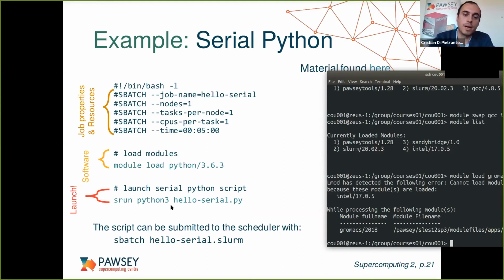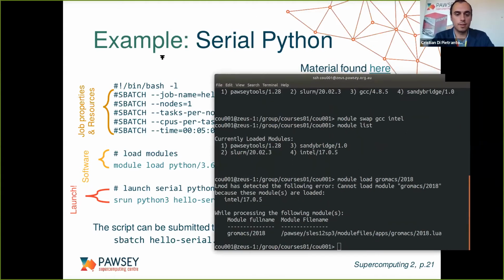In this case, we run the Python interpreter and give it the script to execute, and we use srun. Note how srun is not given any parameters. It will inherit the ones specified in the batch directives, where we have said that we want to use just one node and create one task per node, so one task in total, and one CPU per task, so one core. So it is really a serial program.